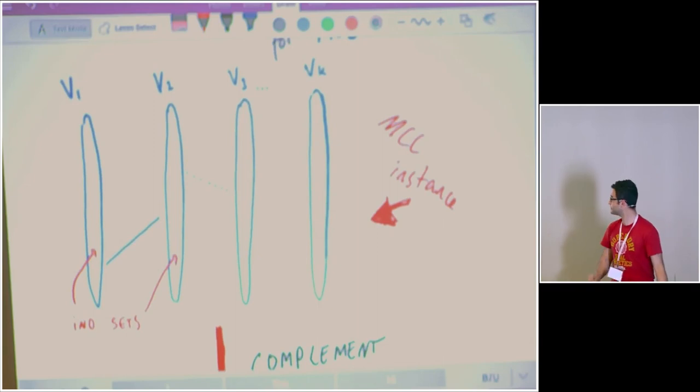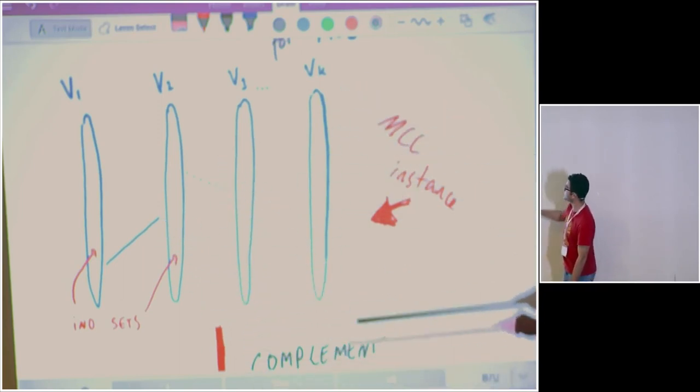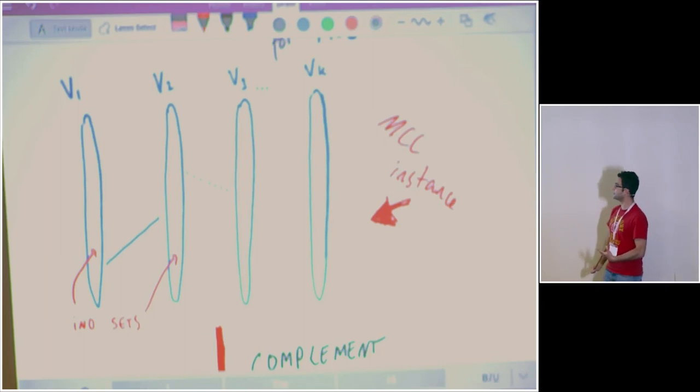Well, given a multicolored clique instance, where here I have edges, here I have non-edges, and all of these are independent sets, now I need to create an independent dominating set instance such that even from an approximate solution to that independent dominating set instance, I can infer whether this multicolored clique instance has a k-clique or not.